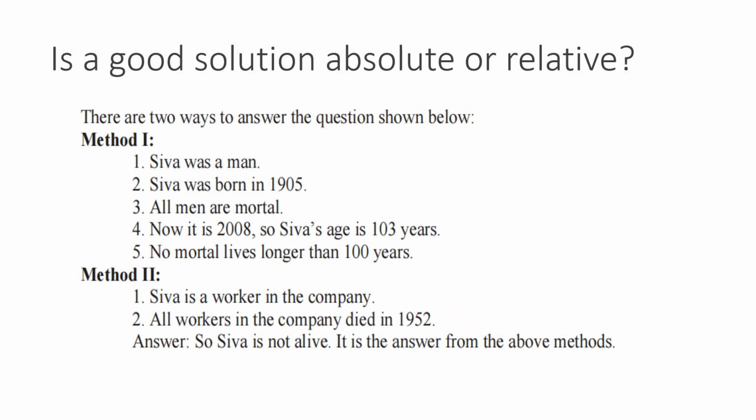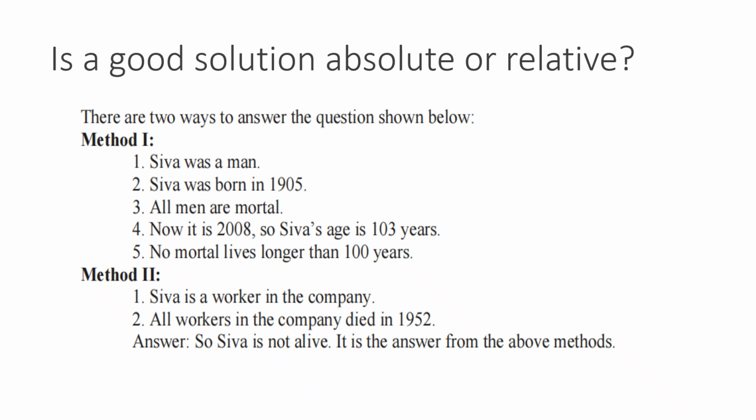In the second method, Shiva is a worker in the company, and it is given that all workers in the company died in 1952. So Shiva also died, and the answer is Shiva is not alive. So we can consider different facts and find the solution. Using the given facts, we conclude that Shiva is not alive. Is this solution absolute?